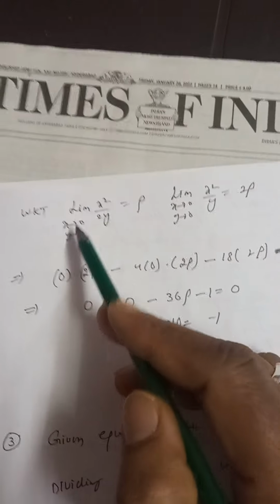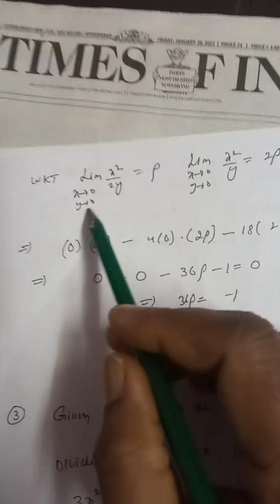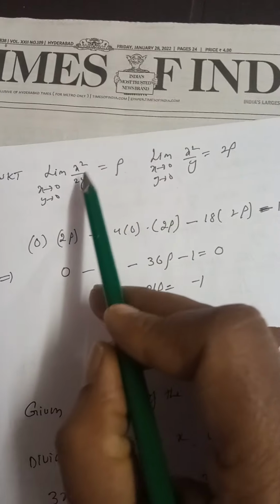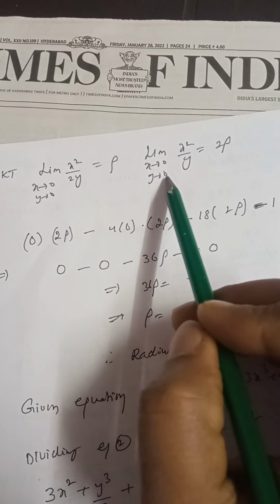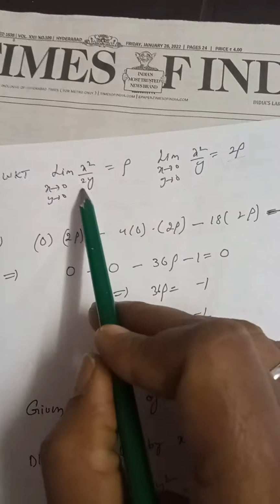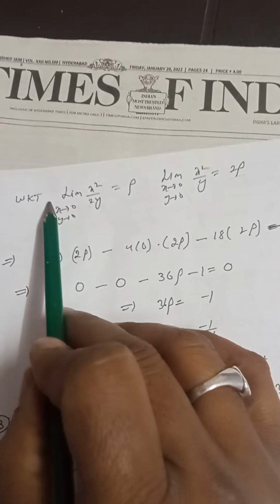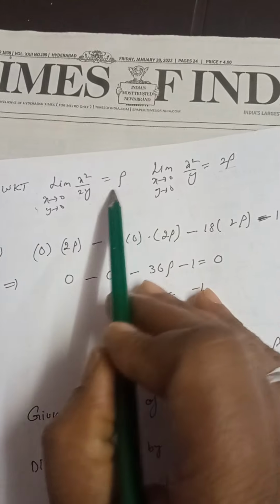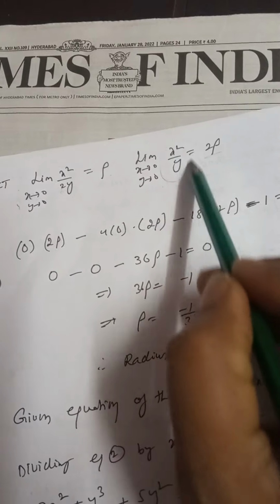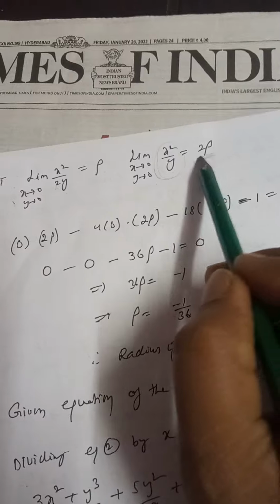We know that limit x tends to 0, y tends to 0, x square by 2y is equal to rho. Now similarly, limit x tends to 0, y tends to 0, x square by y, you will get 2 rho, because 2 is a constant, you can take it outside the limit, 1 by 2, by cross multiplying you will get 2 rho. Now limit x tends to 0, y tends to 0, x square by y is equal to 2 into rho.